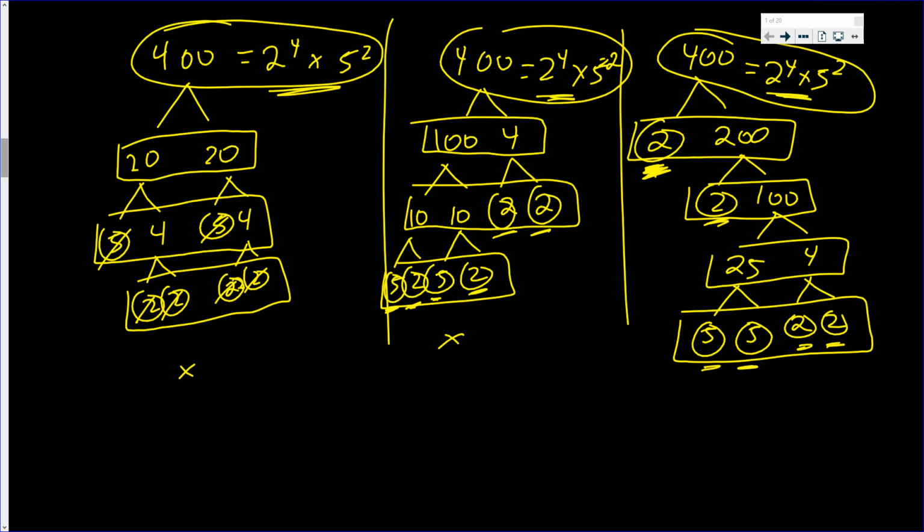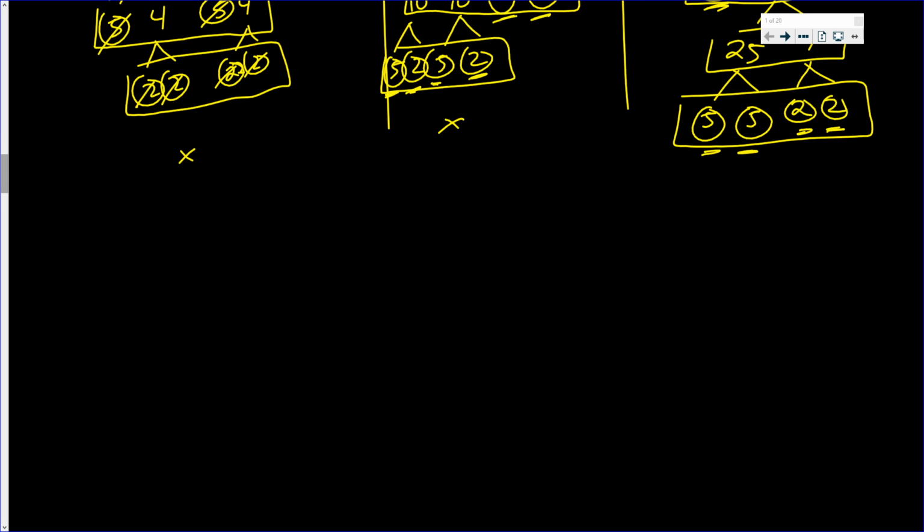Just know your times table. Don't ever use 1. If you have 39, don't say it's 1 times 39. You didn't get anywhere. And if you did do that, do not circle 1 because it's not prime. Nor can we write it as a product of prime numbers. I guess the 1 would just stay there. And then say 39 is, say, 13 times 3, and these are prime.